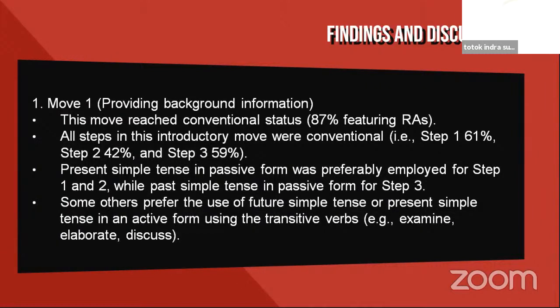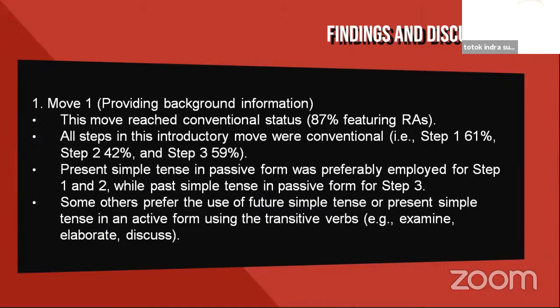So it means that from the total 130 articles, around 87% of the articles use move one, providing background information. I think it is big enough, and it is categorized as conventional status.